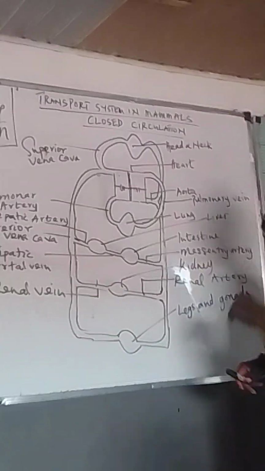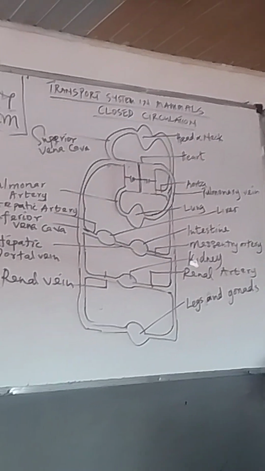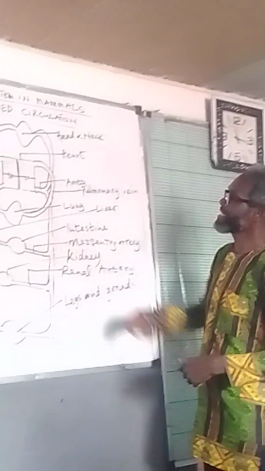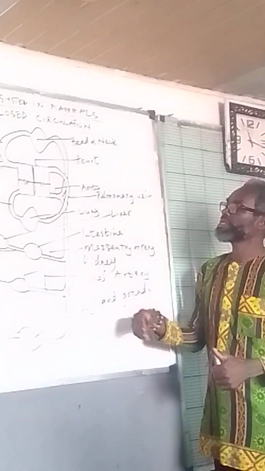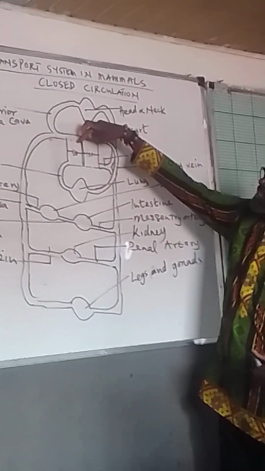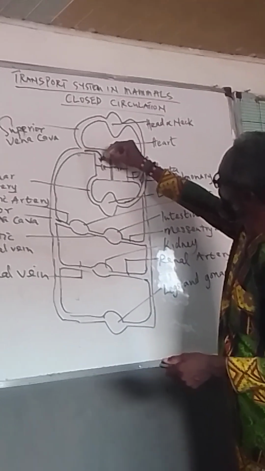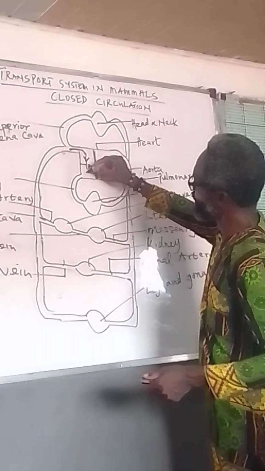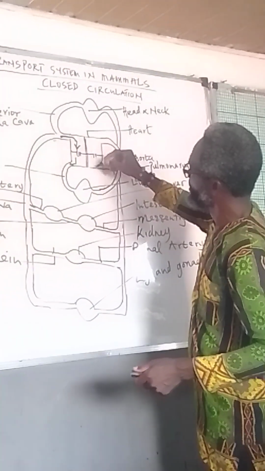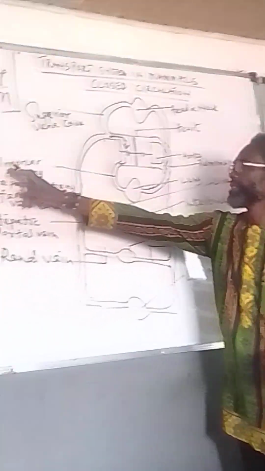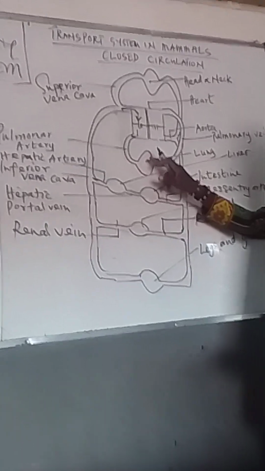So, look at this. This is the closed circulatory system. This is how blood moves in our body. The heart. It enters like this to the heart through the tricuspid valve to the pulmonary artery.